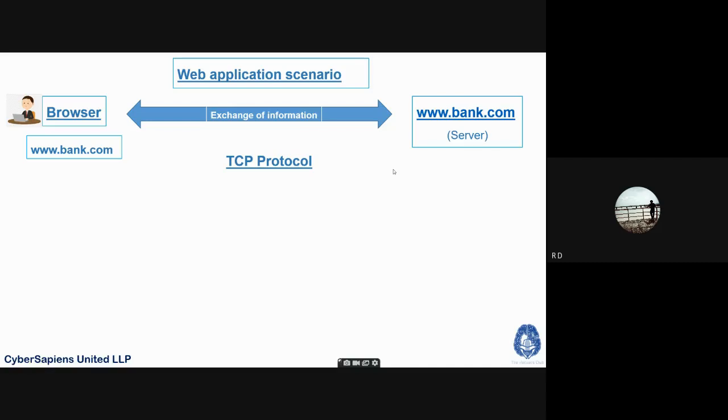And then we have the UDP protocol also, that is user datagram protocol. Websites use the TCP protocol. The main difference between TCP and UDP is that TCP waits for the acknowledgement, and it displays the packets sequence-wise.